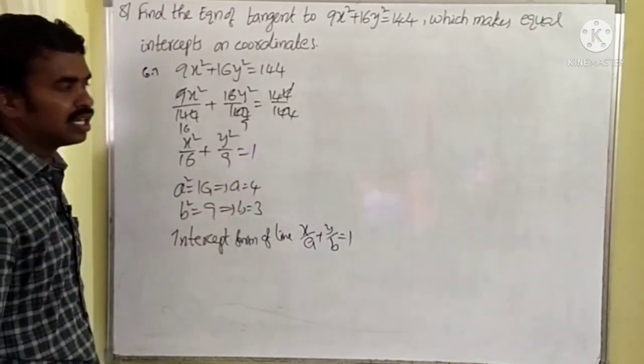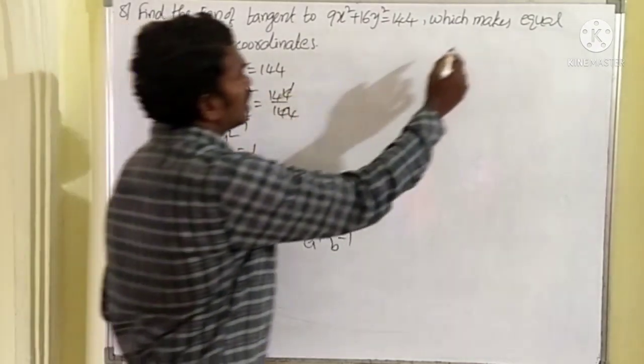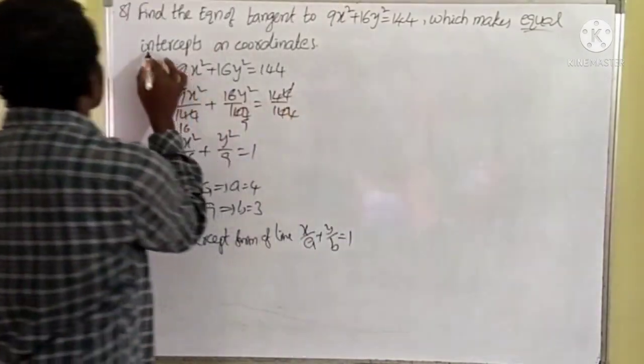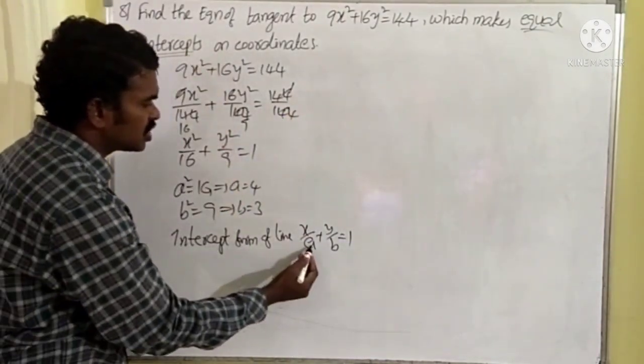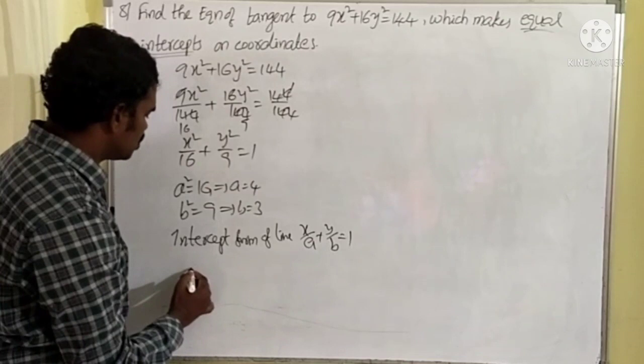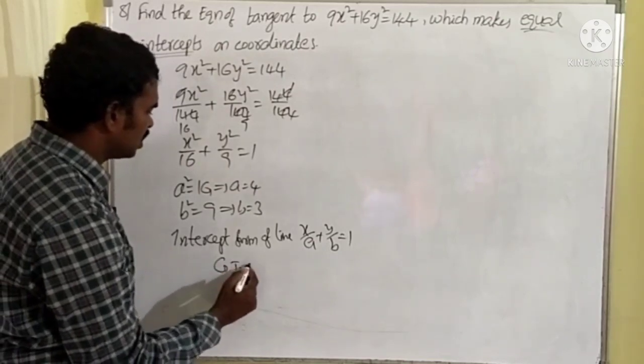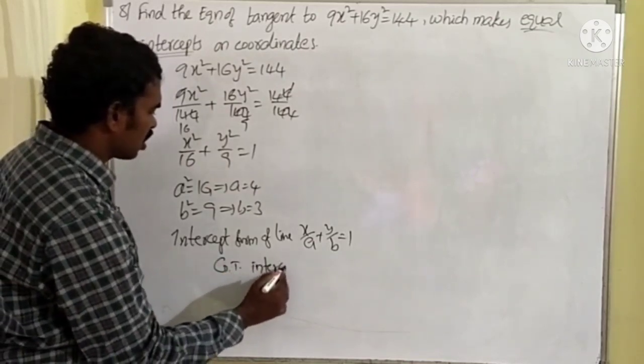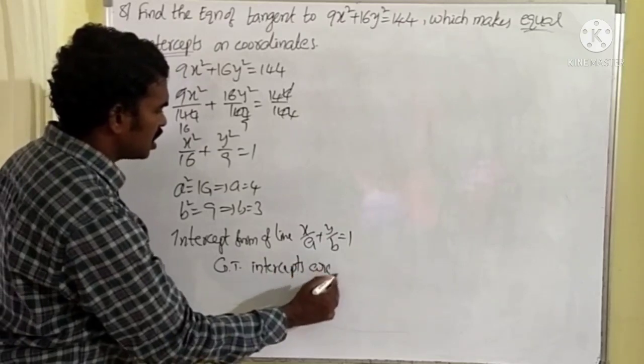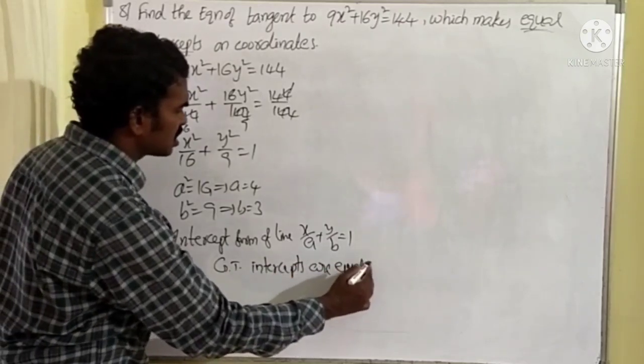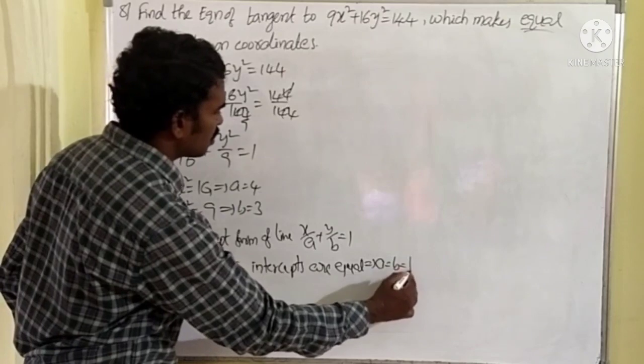Actually, generally that is the form, but here the question says equal intercepts, which means these two values should be the same. So the intercepts are equal, meaning a equals b equals some k.